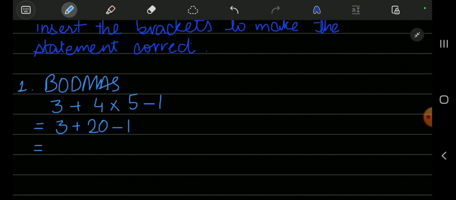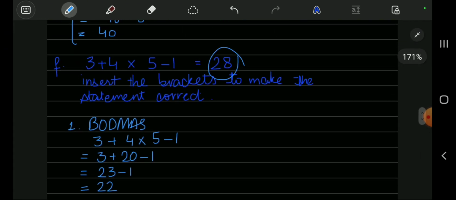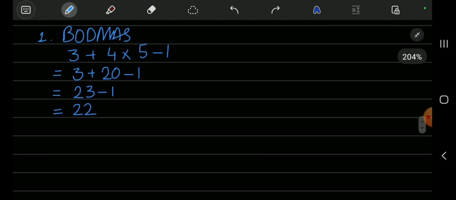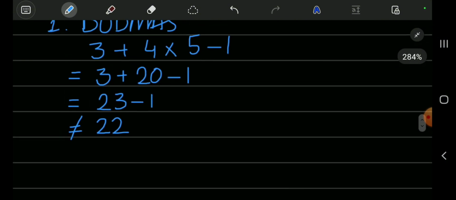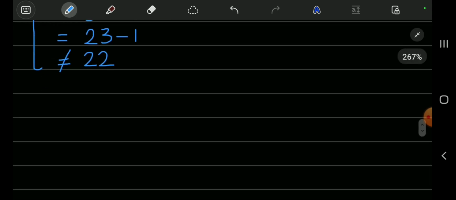Then you are going to add, so this is going to be 23 minus 1, and this is going to give you 22. But this is not correct. We should get an answer of 28, so this is not equals to 22. Now this is an incorrect method.